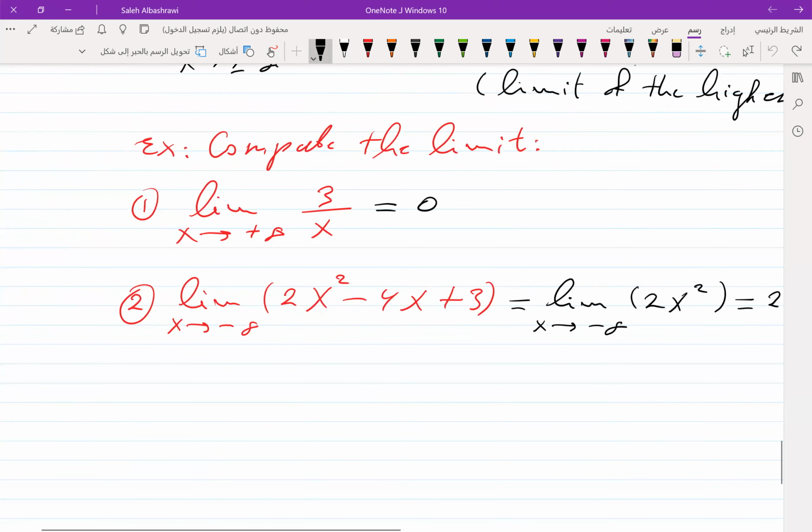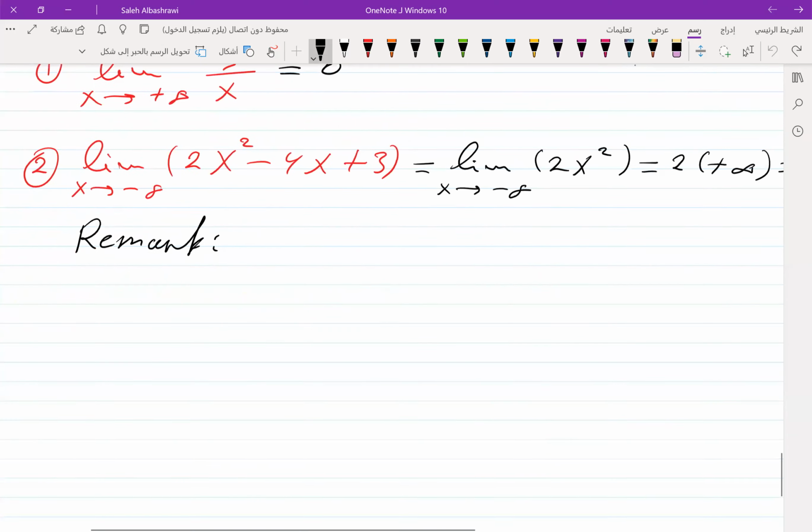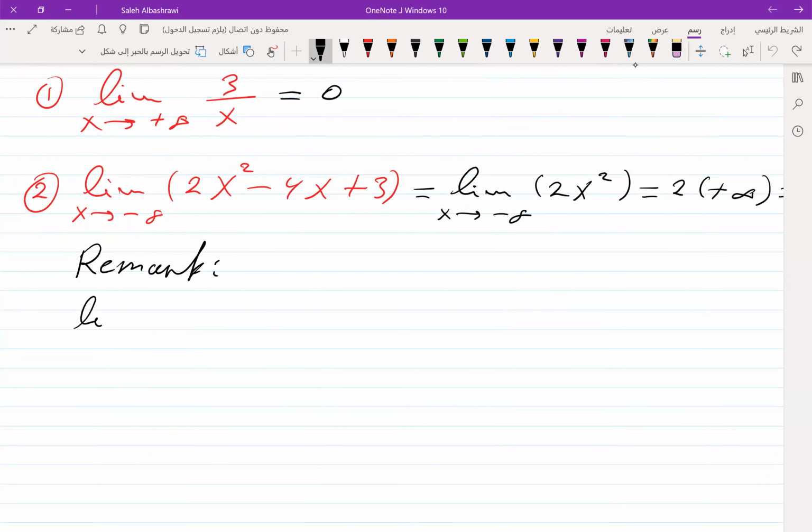So for this example, I will write a remark. Now the limit of x to power n. If x goes to plus infinity, the answer will be plus infinity.